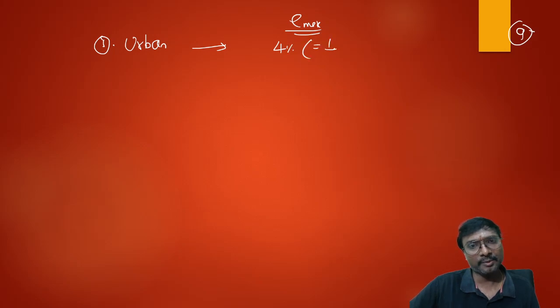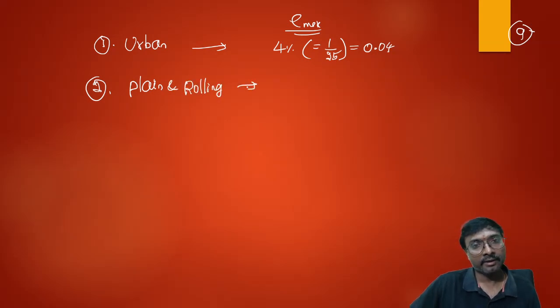If you remember, what are the E maximum values? Whenever it is an urban road, what is the E maximum? That is 4%. 4% means 1 in 25, that is also equal to 0.04. Second one, whenever it is a plain and rolling terrain, how much is the rate?